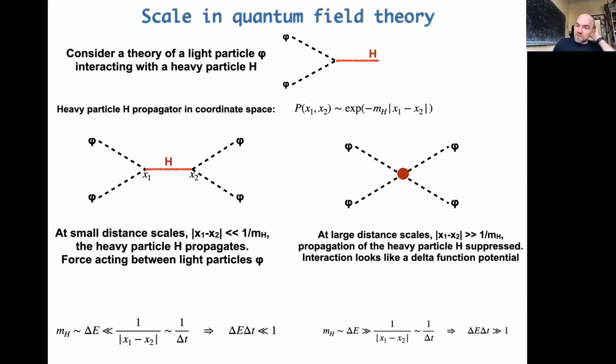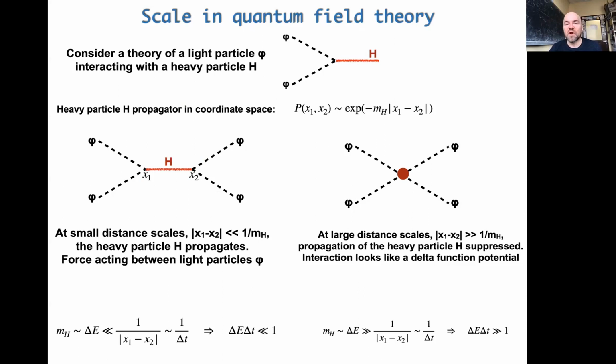So if we go to particle physics or quantum field theory specifically, then this notion of far away and large distance and small distance and large energy and high energy, we can actually make sharper. Consider a very simple theory where we have a light particle that we call phi, and we have a heavy particle that we call h.